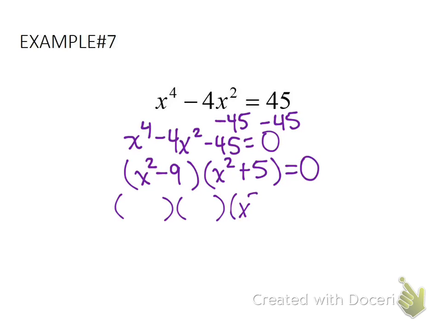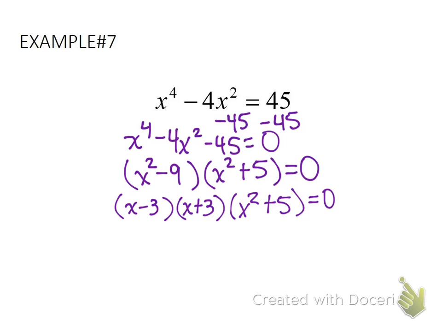I need a new volunteer to tell me how that would factor. New meaning I haven't called on you yet. Caden. X minus 3 and x plus 3. Wonderful. X minus 3 and x plus 3 is how we would factor that. The x squared plus 5 is going to stay the same because it is not able to be factored any further.